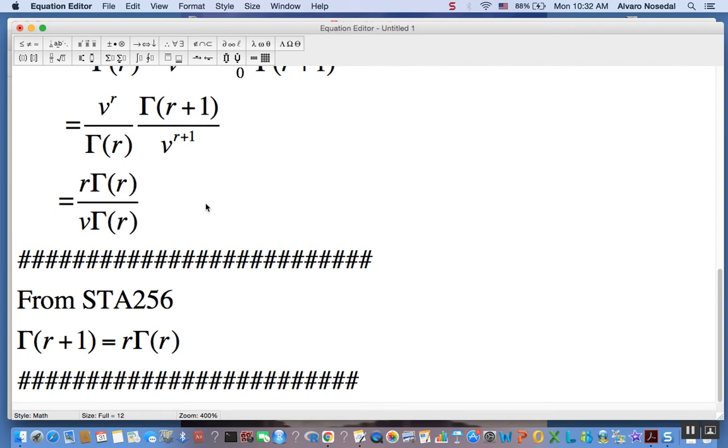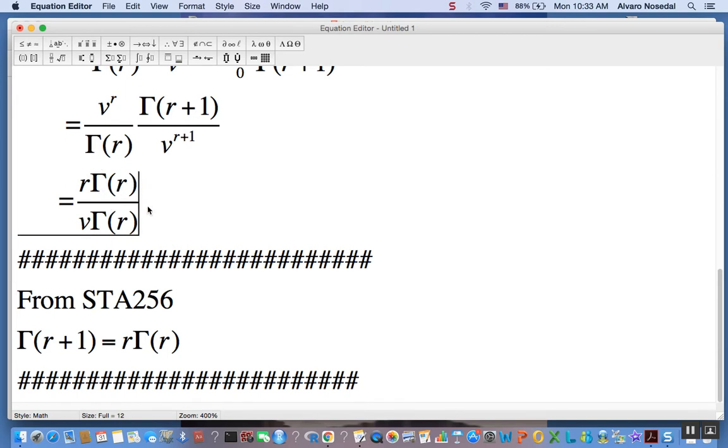There we are, right? So that v to the r divided by v to the r plus 1, we only have this guy here. And then gamma evaluated at r plus 1 is the same as r times the gamma function evaluated at r, right?